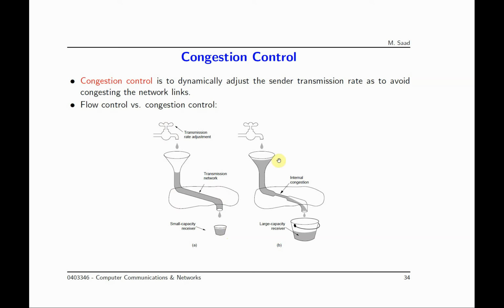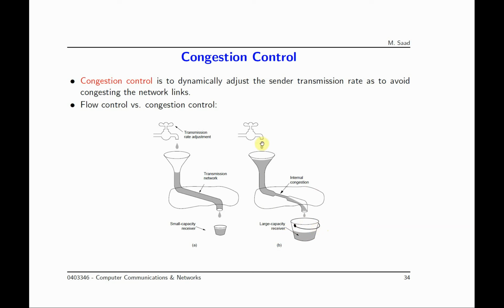Now, in networking, we also have another problem that might occur in addition to the receiver. We could have the following situation, which is here on the right hand side. So we have a large capacity receiver. Our receiving host has a large capacity buffer. It is fast. It can receive all the data that the sender is sending at a fast rate.